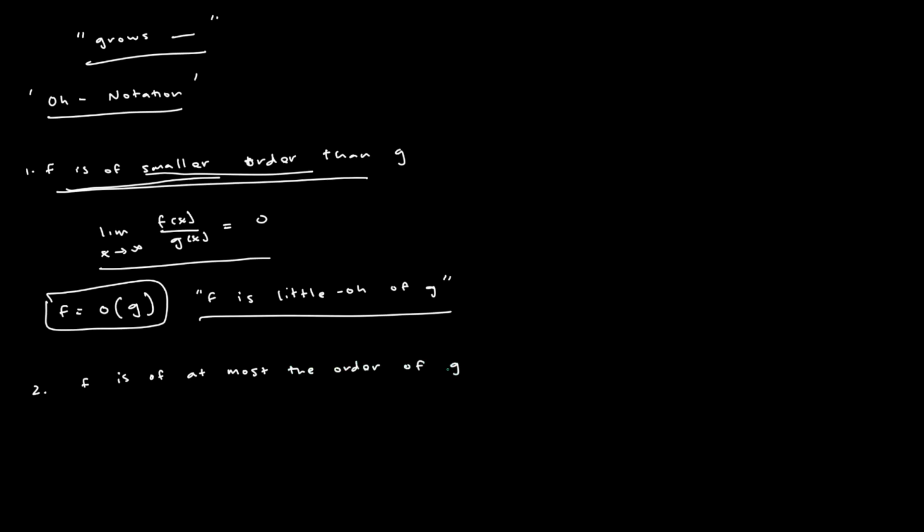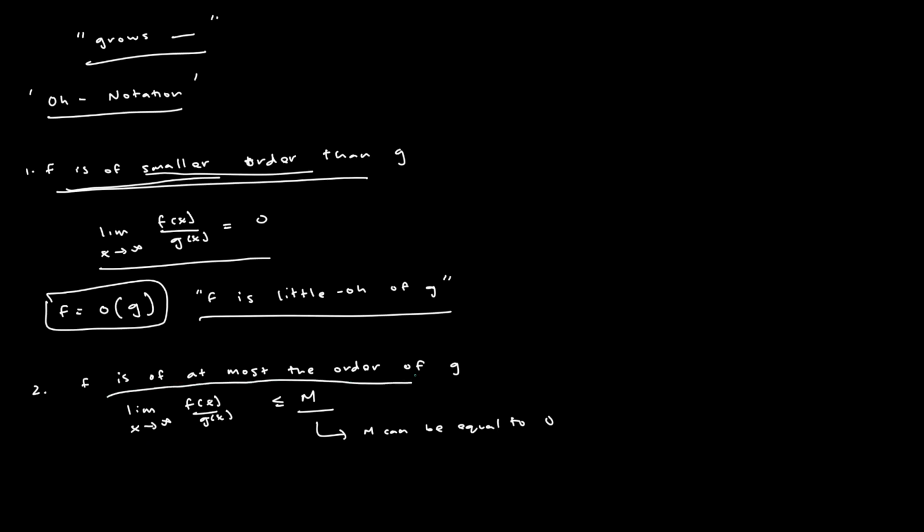And so here, when we want to show that f is of at most the order of g, the limit as x tends to infinity of f of x divided by g of x must be less than or equal to some constant m. And in this case, m can be equal to 0.